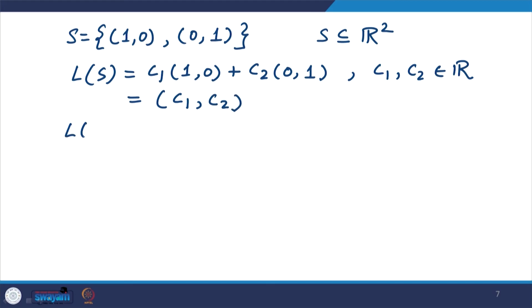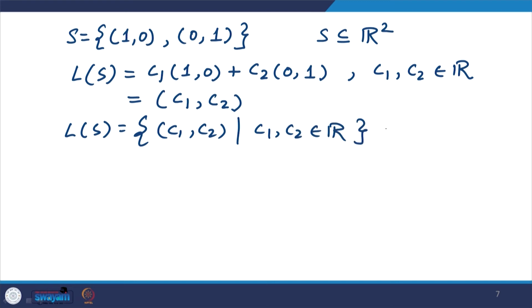So, what is L(S)? L(S) is {(c1, c2) : c1, c2 belong to R}. And what is this? This is nothing but the space R2.